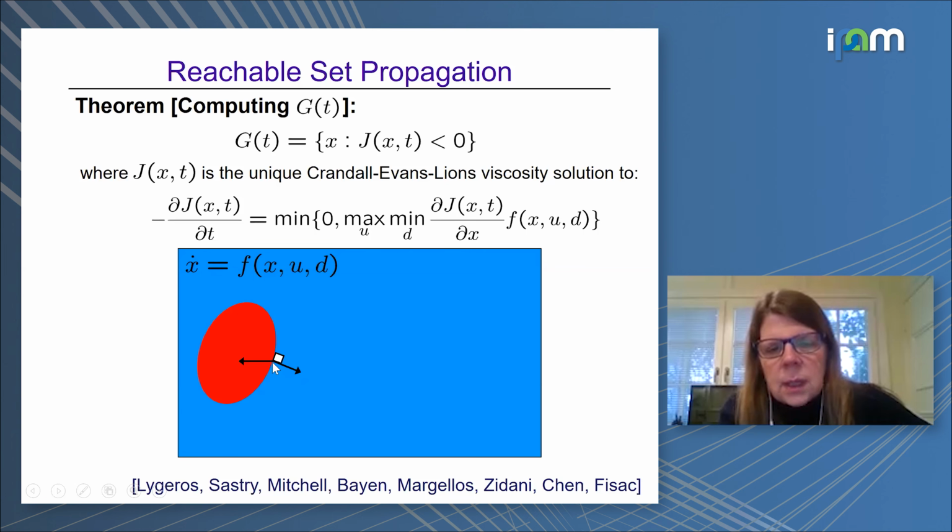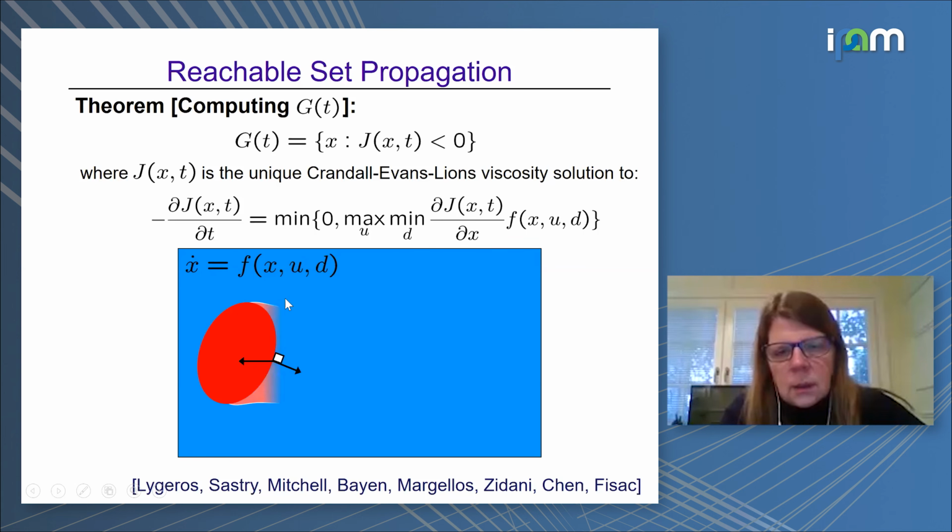And so if, for a given control and disturbance, the dynamics, the vector field, are pointing in this direction, that would mean that the dot product between those two vectors is negative, which would mean that when you look at the right-hand side of this equation, the right-hand side would just capture that max-min, and the function j would change over time. If on the other hand that dot product were positive, then the computation would freeze.